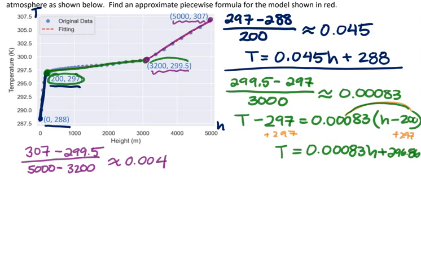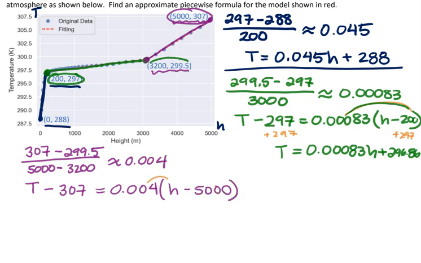You can use slope intercept as well, but similar to the last one, I'm going to use the 5,307, just so I don't have to rewrite that decimal. So 0.004 is my slope, and then h minus 5,000 this time.